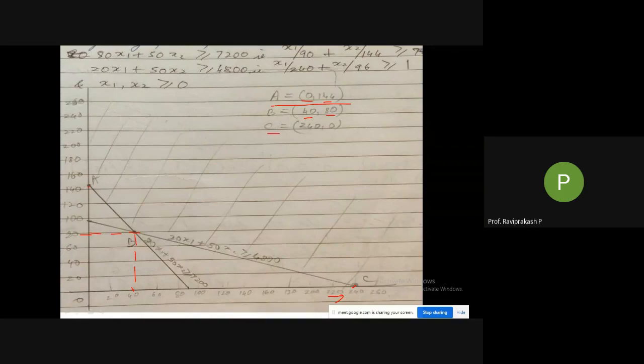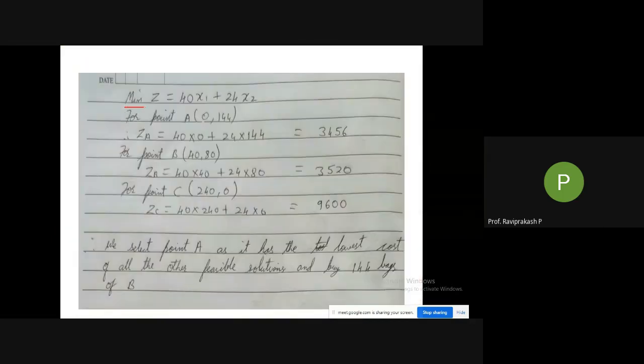So what we need to do? We need to write the objective function, substitute these values for point A, B, and C, then find out. Here it is min z. So I'll go to that part. We are having min z because we want to minimize the cost, and this is the equation. Then for point A, for point B, and for point C, substitute the equivalent values of x1 and x2, and find out the values.